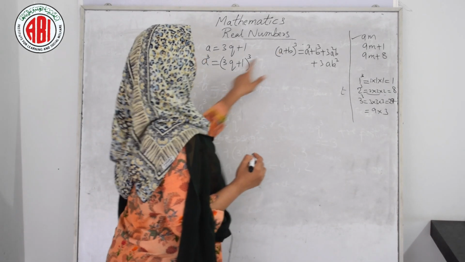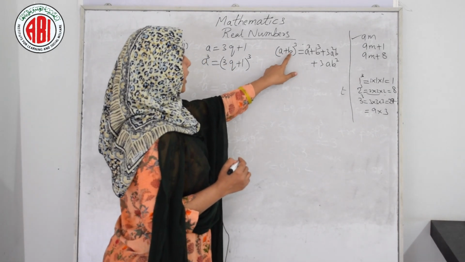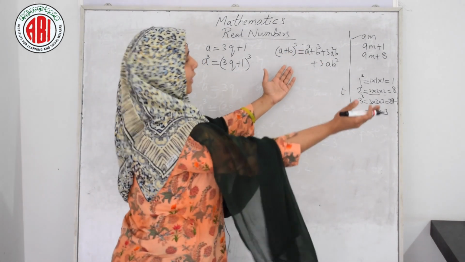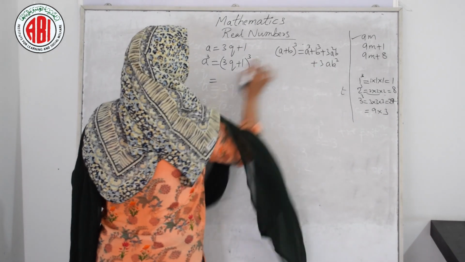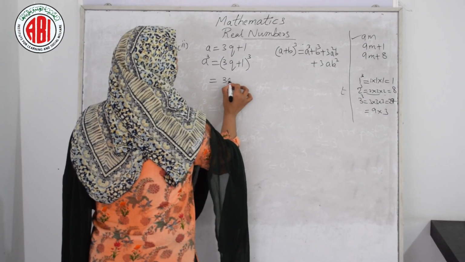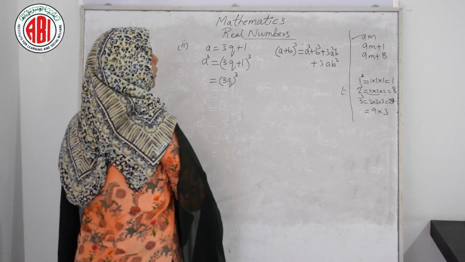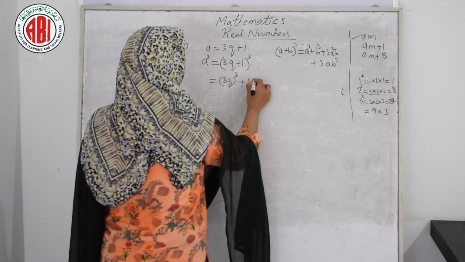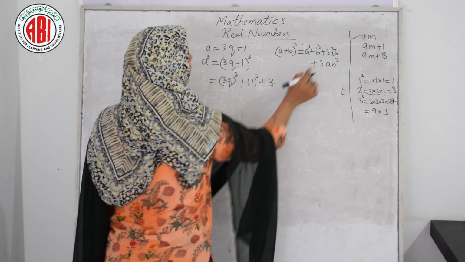In the place of a, we have 3 into q. In place of b, we have 1. So apply over here, use the right side identity. So here, a cube means 3q whole cube. The next is plus b cube, 1 whole cube, plus 3 into a square.